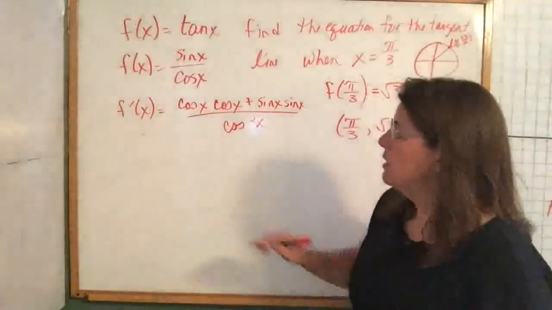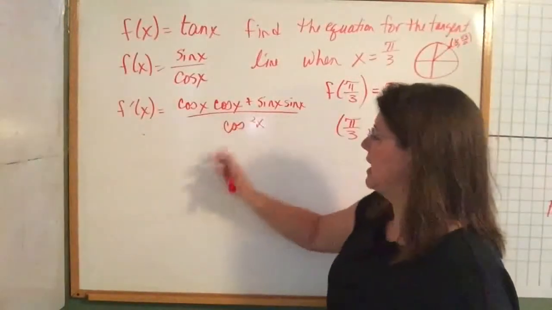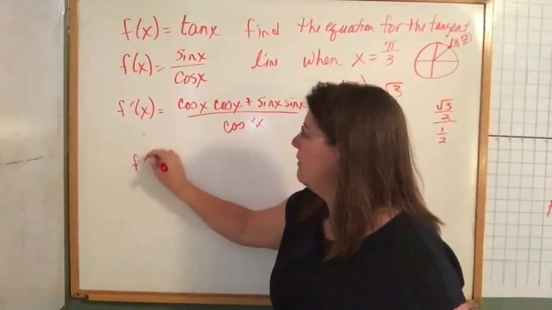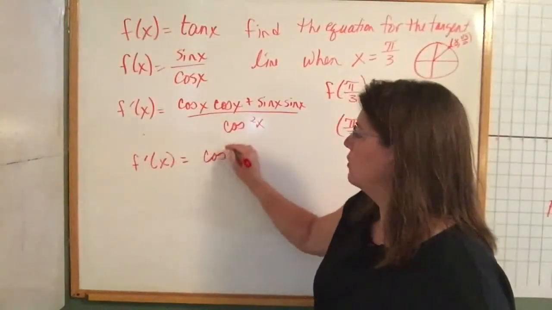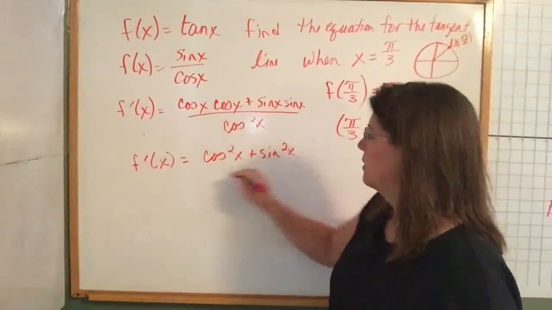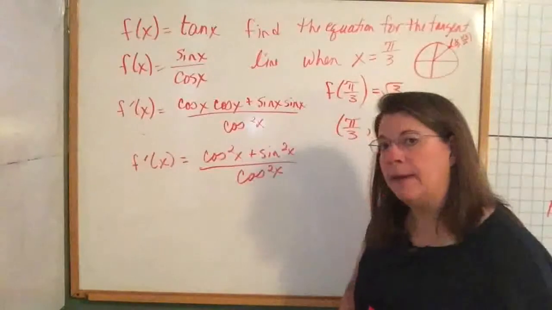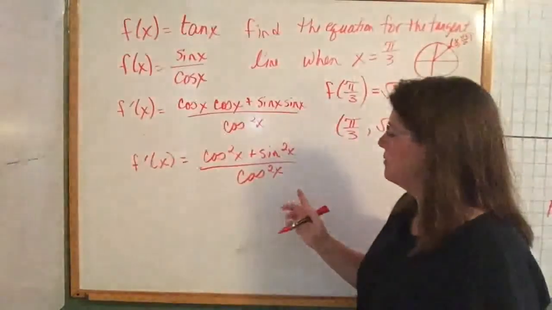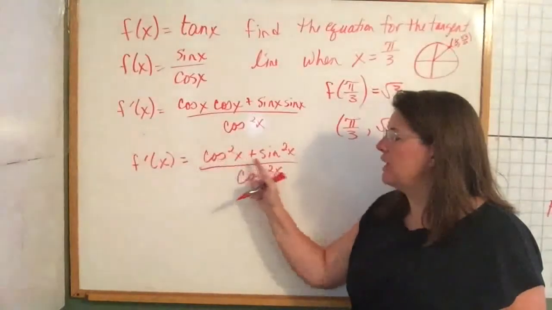And so then, if you notice, you've got cosine x times cosine x plus sine x times sine x. So f prime of x is equal to cosine squared x plus sine squared x over cosine squared x. Okay? And then when you do this, you need to recognize this as one of your trig identities.